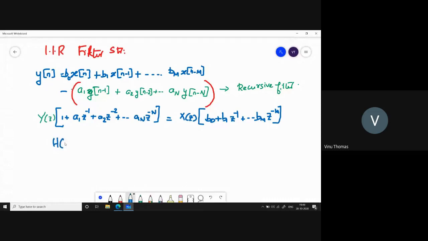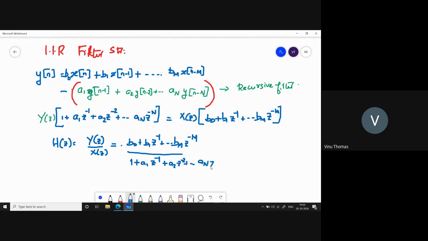So the transfer function or the system function H of z is equal to Y of z by X of z, and therefore can be written as b0 plus b1 z raised to minus 1 plus etc. up to bm z raised to minus m, divided by 1 plus a1 z raised to minus 1 plus a2 z raised to minus 2 plus etc. up to an z raised to minus n.